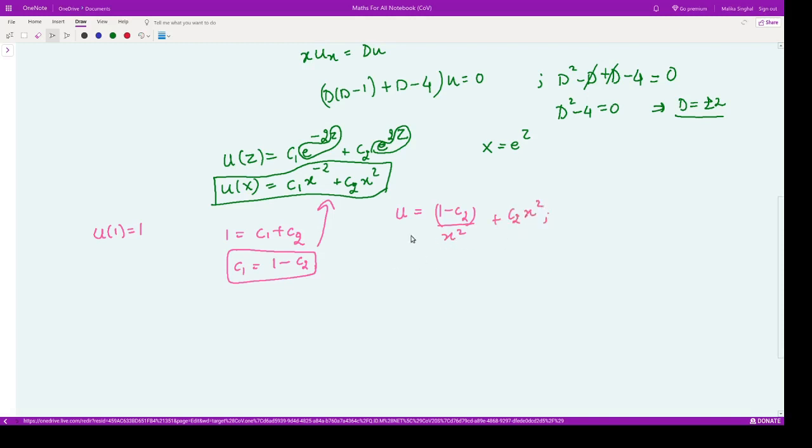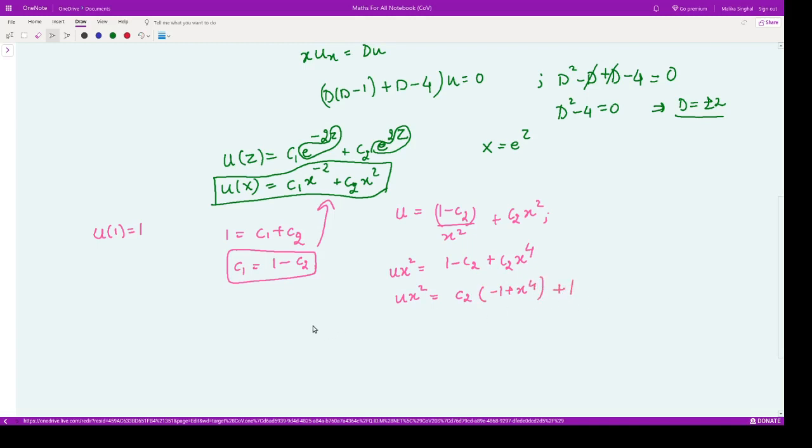If I take this x squared onto the left hand side, I'll have u x squared is equal to 1 minus c2 plus c2 x raised to the power 4. So I have u x squared is equal to, taking c2 common, minus c2 plus c2 x to the power 4 plus 1, right?